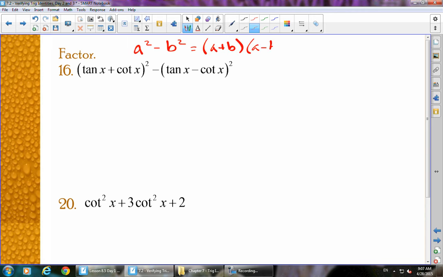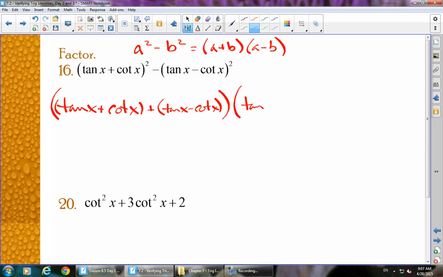Now, the difference here, however, is that the stuff happens to be an expression. So in this case, it's going to be tangent of x plus the cotangent of x, plus the tangent of x minus the cotangent of x, times, now the first thing, minus the second thing.